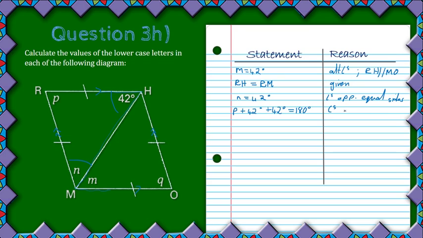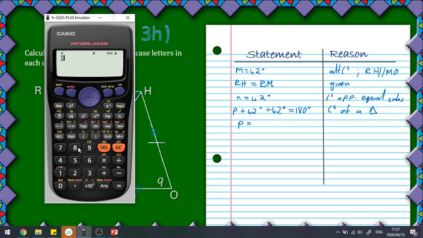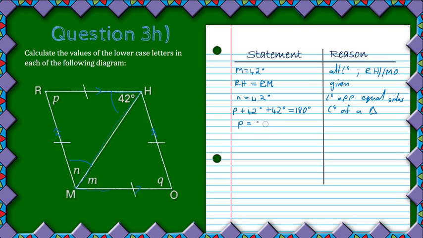So we've got angles of a triangle, and then P is equal to 180 minus 42 minus 42. So this is equal to 96 degrees.